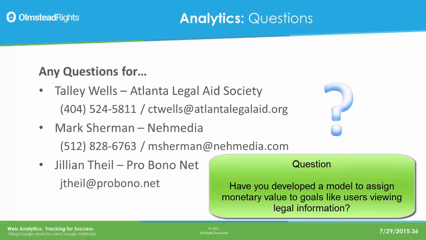Initially you look for goal completions as a unique unit number, but as you get more familiar with your objectives, we have worked with some clients where we have basically put in monetary values for different goals. It can be very simple. For example, on the 5 goals that Olmstead Rights has, you could put $5 for the most important goal, like the legal advocacy, because that's really what he's trying to do.